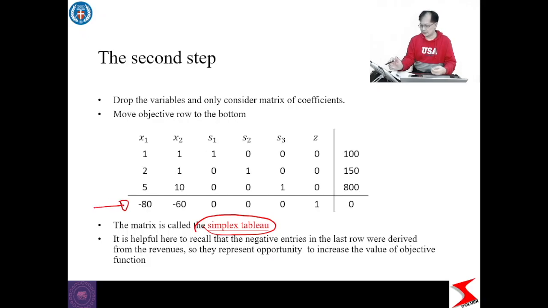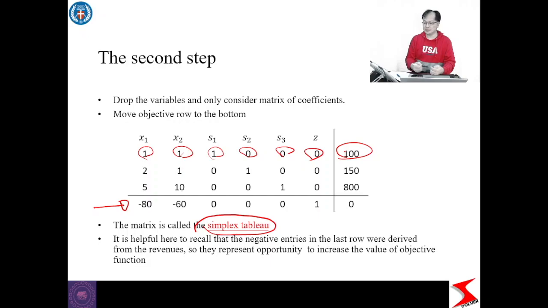Okay, so x1, x2, s1, s2, s3, and z are variables. We just record their coefficients. For the first land constraint, the coefficients are 1, 1, 1, 0, 0, 0, and the right hand side is 100.